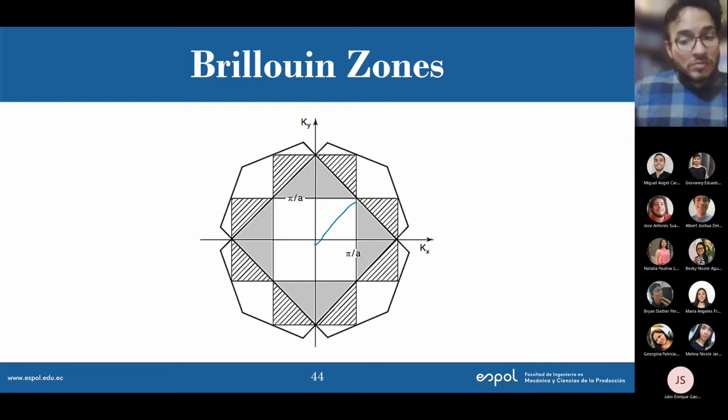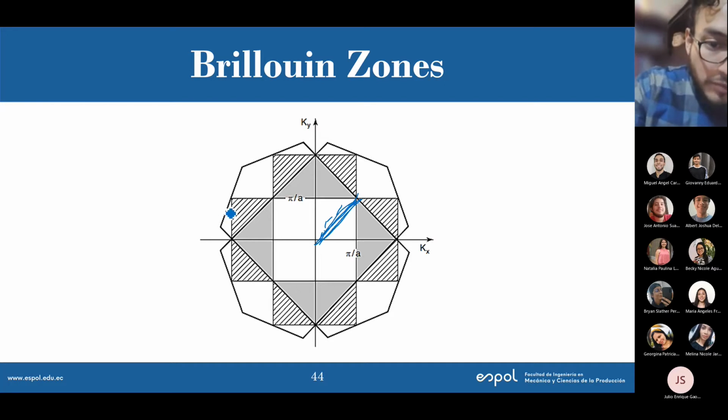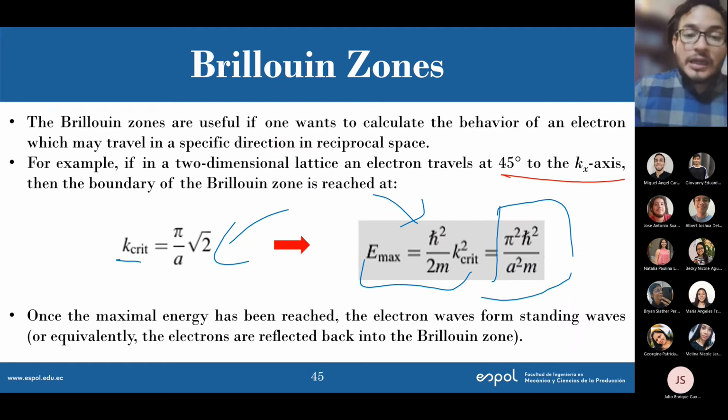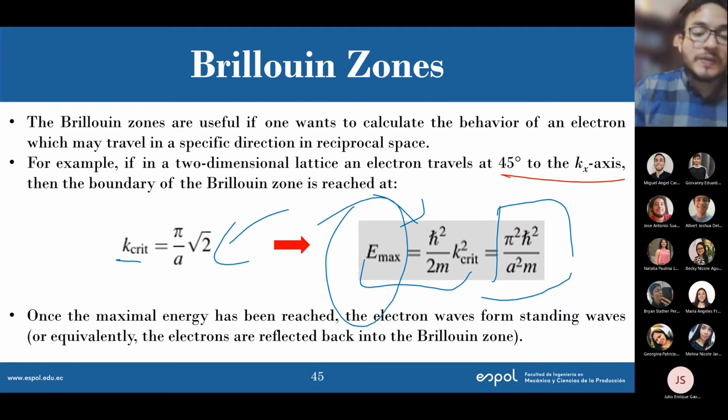It's like a wall. It crashes there and says, "Oops, I have to go back, sorry." And it starts coming back. And it does this periodically, right? That's what this Emax means.